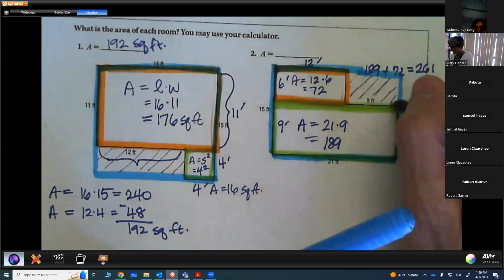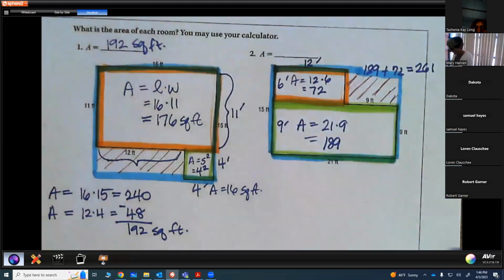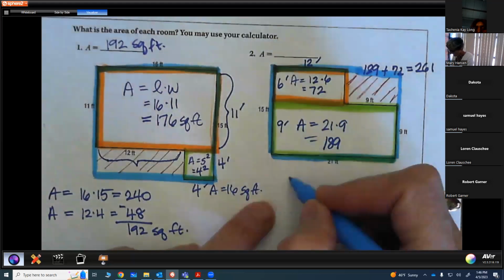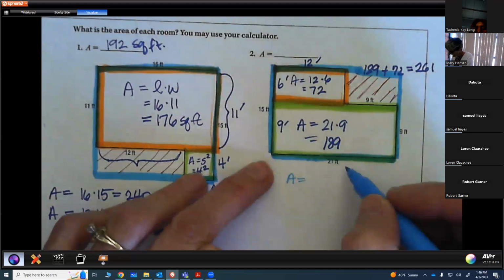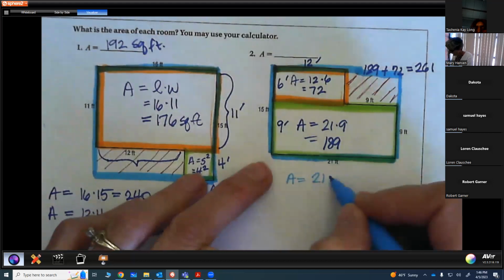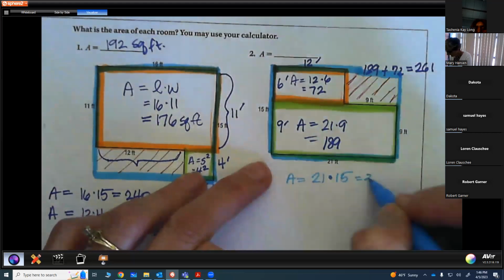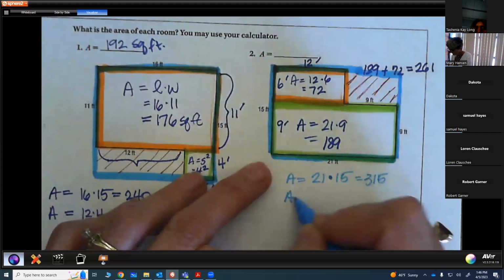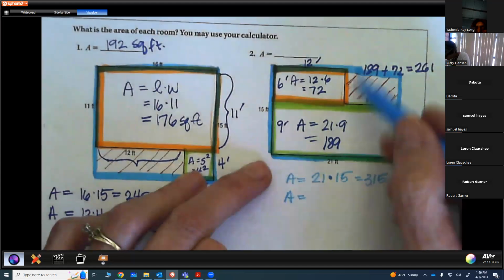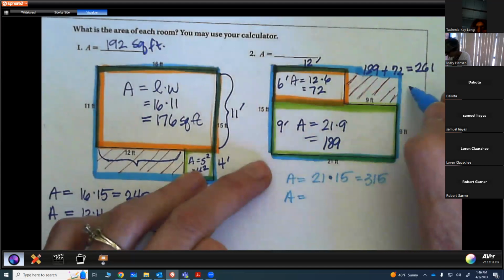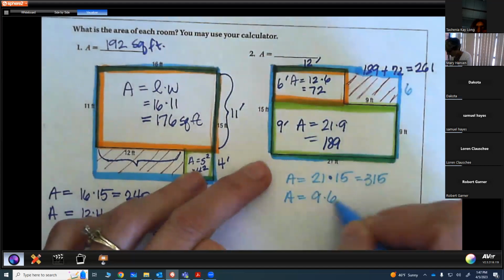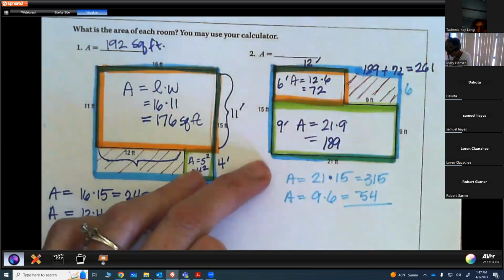If you're going to subtract that out, then the area of the big blue rectangle would be 21 times 15, which is 315. And then you're going to subtract out this small rectangle, which would be 9 by 6, which is 54. And 315 take away 54, lo and behold, is also 261.